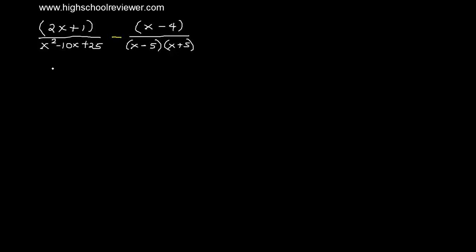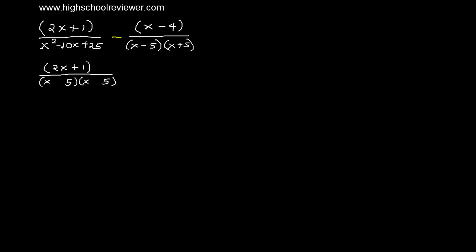So factoring this will now give us, this is still 2x plus 1, but for our denominator, the factors of x squared will be x multiplied by x, and then the factors of positive 25, this is a perfect square, so the factors will be 5 multiplied by 5.